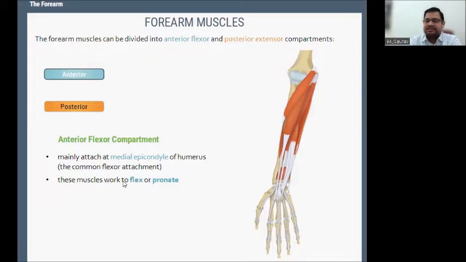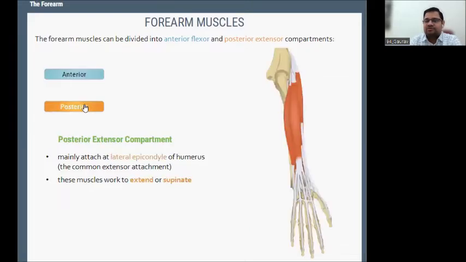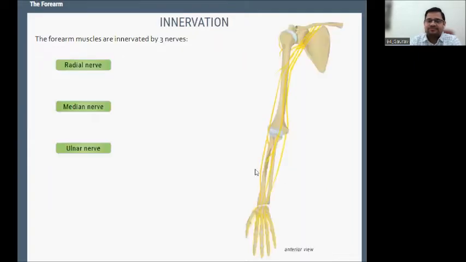These muscles, as the name suggests, do flexion and pronation. The posterior side is called the posterior extensor compartment, mainly attached to the lateral epicondyle of the humerus, called the common extensor point, and these muscles work to extend or supinate. So these are the basic two divisions of the group of muscles present in the forearm.